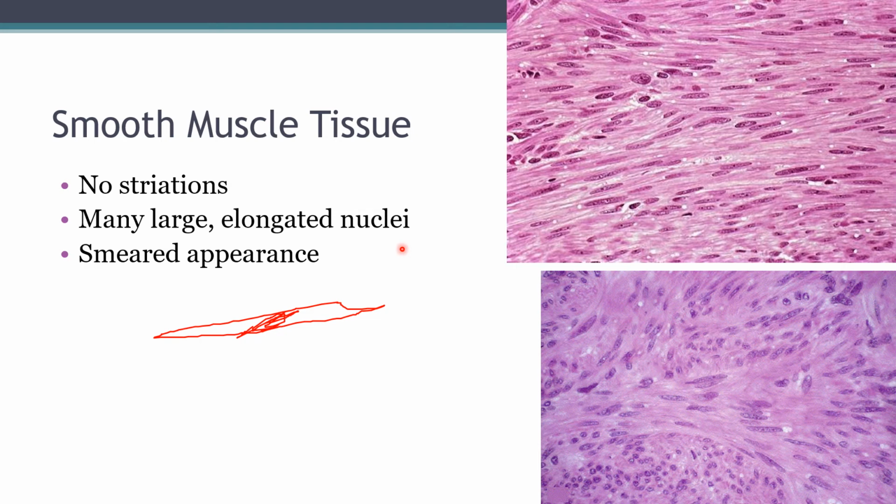Smooth muscle cells, like cardiac muscle cells, have really large, elongated nuclei that are in the center of the cell, and so you do see a lot of nuclei in this tissue. It's totally different from what we saw in skeletal muscle or even in cardiac muscle. But I would look for that smeared appearance that you can see in both these images. This area down here is where the smooth muscle is in cross-section.